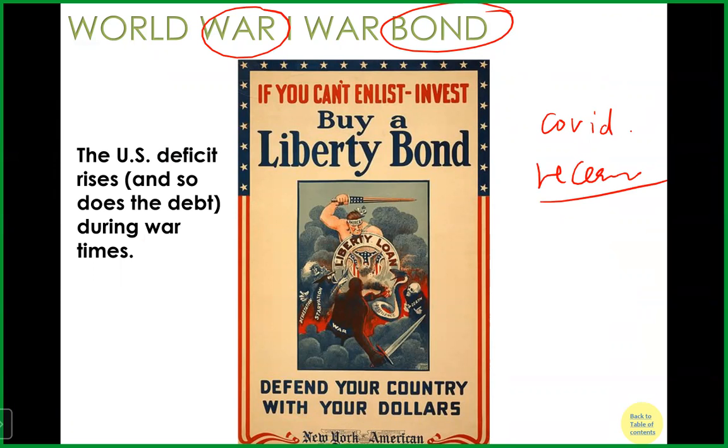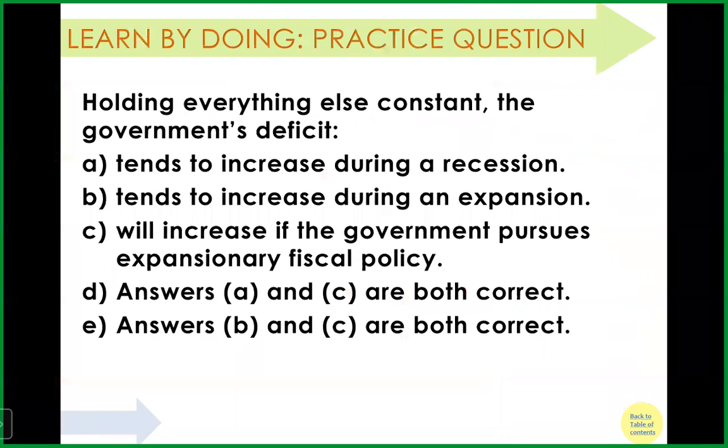But in either case, we need to borrow to finance the deficit, and then over time this is going to accumulate. That's how those countries face high debt. It's so high such that they cannot borrow anymore, right? Okay, now let's look at this practice.